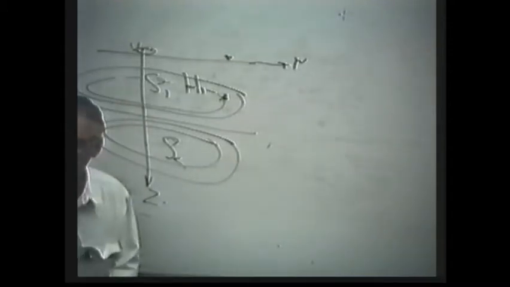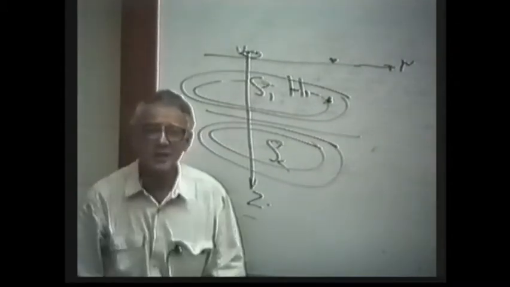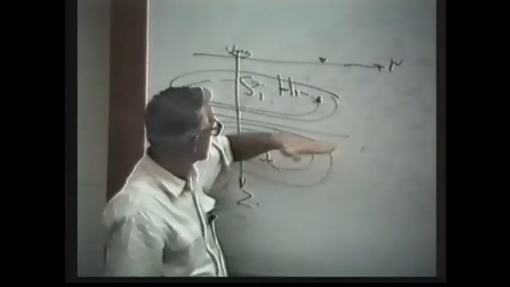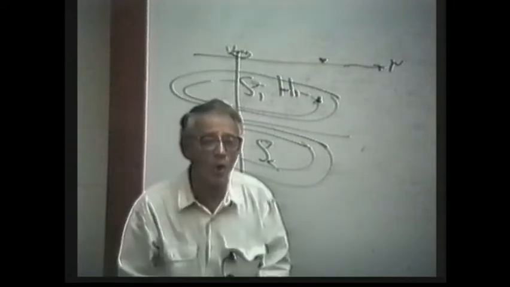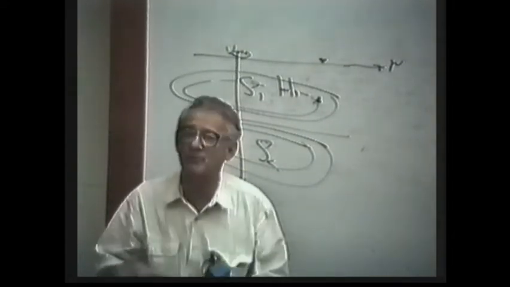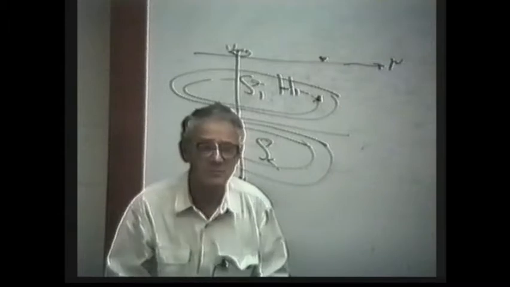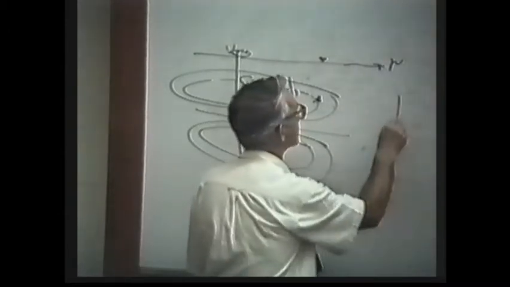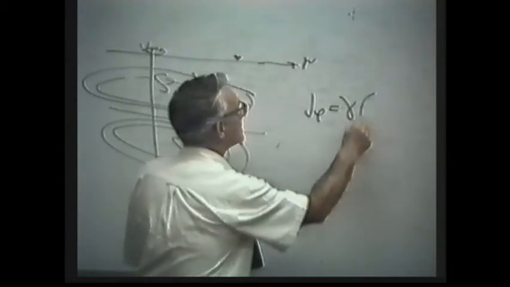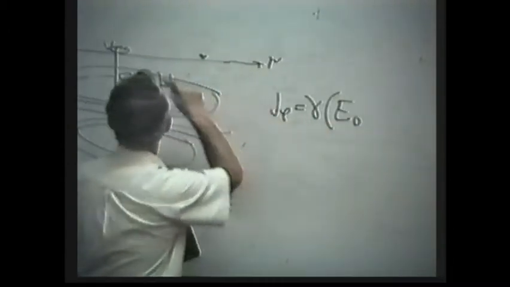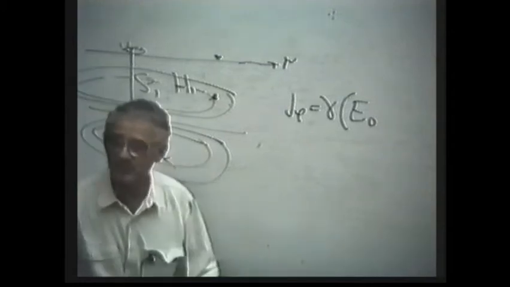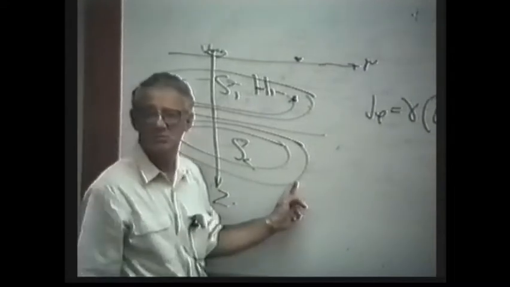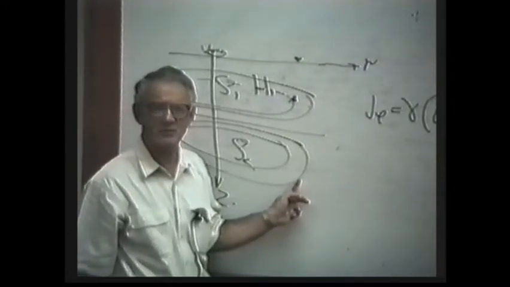But if you remember our discussion about the current ring, it's wrong to say that the current in this horizontal ring will be caused only by the primary electrical field. It will be gamma times the primary electrical field due to the dipole, plus what? This current ring creates a magnetic field.